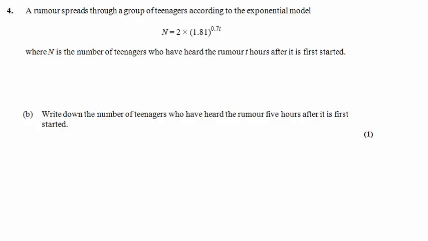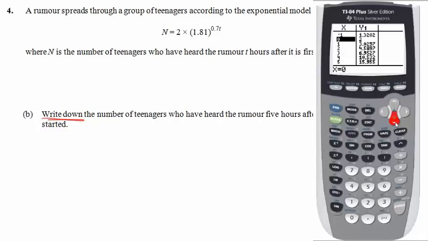Part B says write down the number of teenagers, and the fact that it says write down and that it's only a 1-mark question means that all you're expected to do is write down what your calculator tells you. And at 5 hours, the number of students is 15.95. And the IB actually allows you to have 2 answers here.